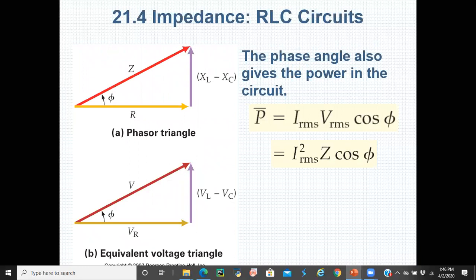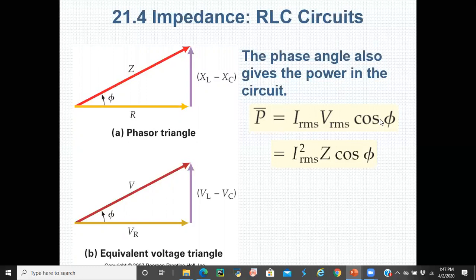The phase angle also gives the power in the circuit, and we know the average power is equal to the product of root mean square current, root mean square voltage, and cos phi, the cosine of the angle between current and voltage.